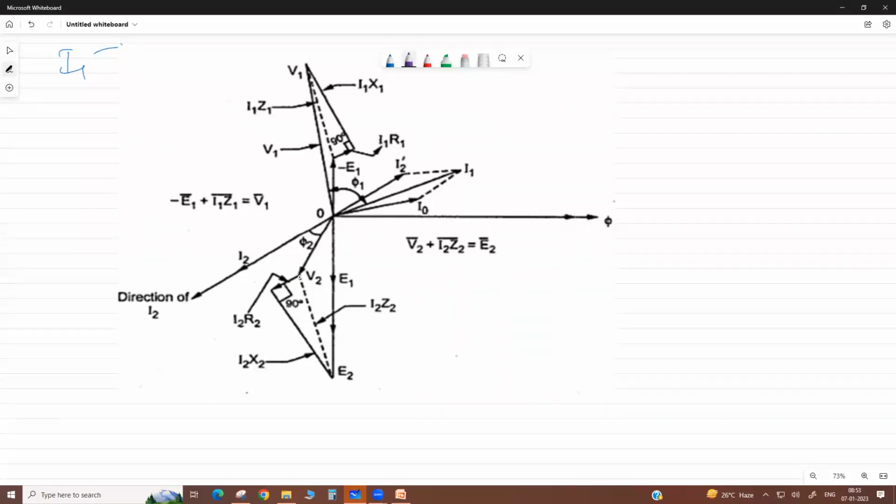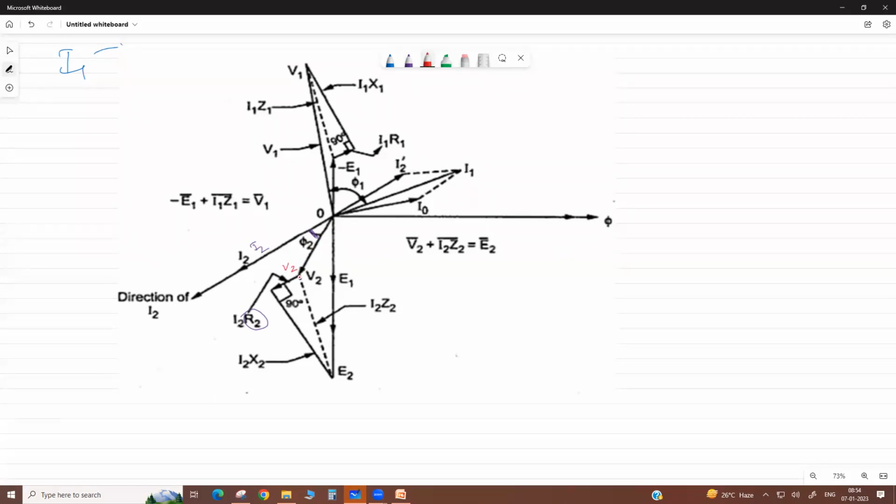Then this is your resistance drop, I2 R2, drop in resistance, which is in phase with current. This is your load current. Now it is lagging, means this I2 lags the voltage V2. This is your V2, this is I2.